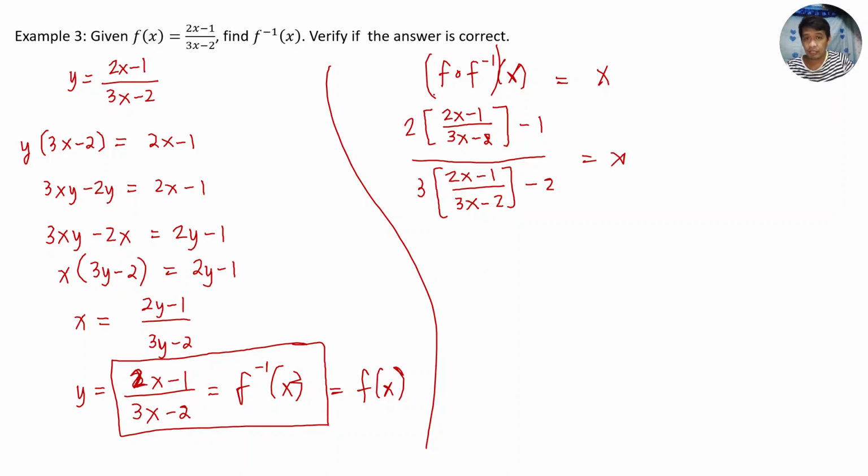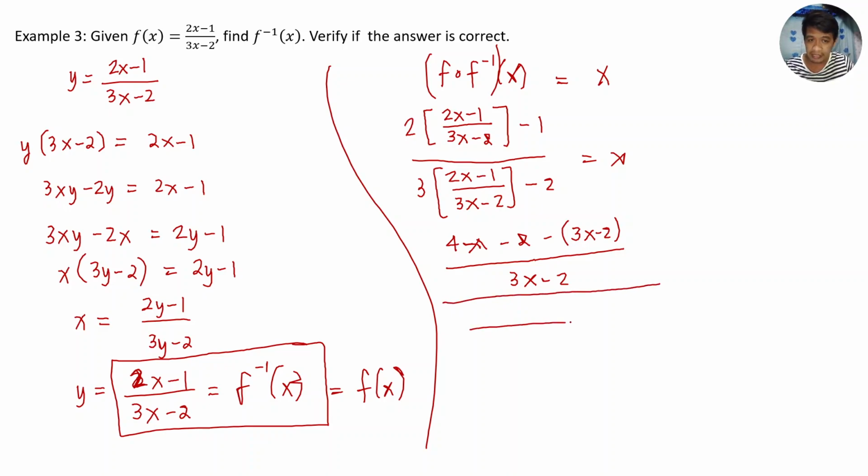Then distributing that 2 inside the parenthesis, magiging 4x minus 2 all over, ang LCD natin sa numerator ay 3x minus 2 minus 3x minus 2 all over, LCD natin sa denominator is also 3x minus 2.